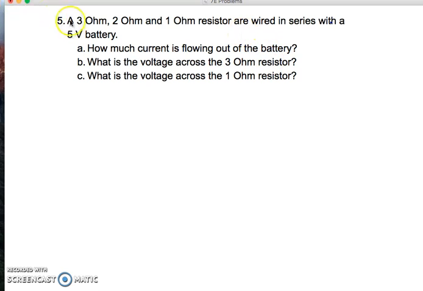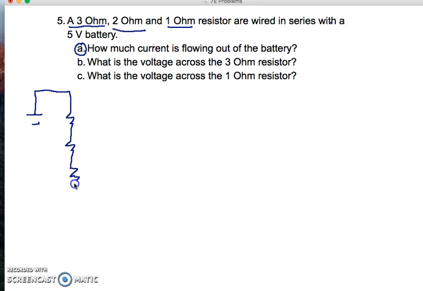So this is a situation where we have a 3 ohm, 2 ohm, and 1 ohm resistor wired in series with a 5-volt battery, and part A is asking how much current is flowing out of the battery. It doesn't say explicitly to, but it's always a good idea to draw it out. So battery, 3 resistors.